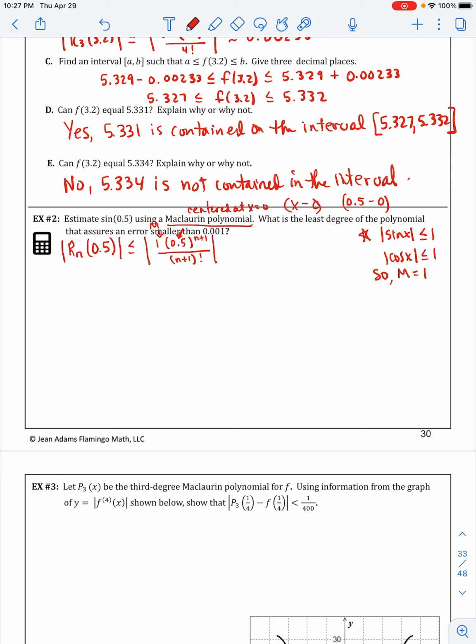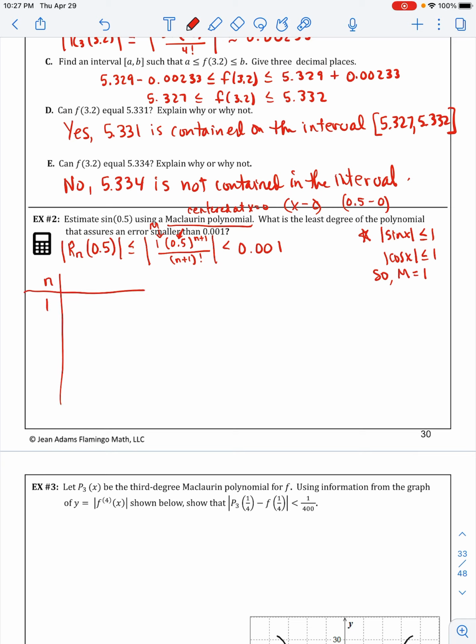And this is our M. So we know that our error is going to be less than or equal to that n plus first term. And we want it to be less than 0.001. Oh, it said smaller, so I guess no equal to, okay?